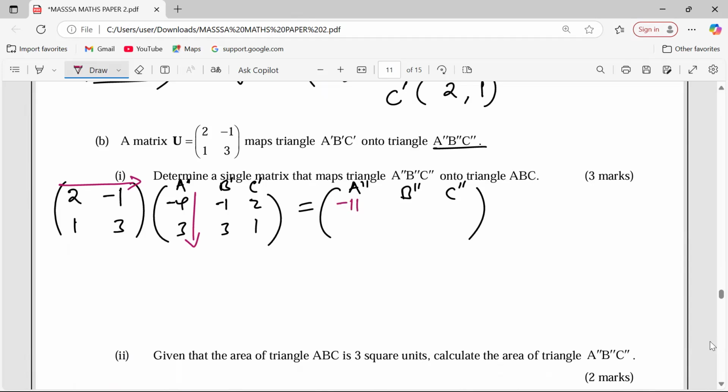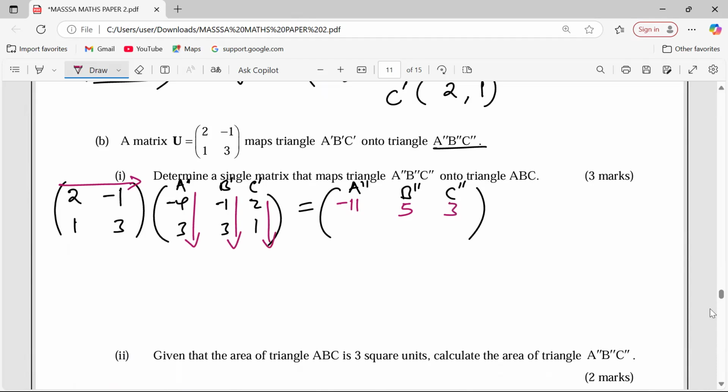The next column will be the same row and the next column for me to get the next element. So 2 into negative 1 and negative 1 into 3. This gives me 5. The next element shall be the same row, the last column here. So 2 into 2, negative 1 into 1. This is going to give me exactly 3.